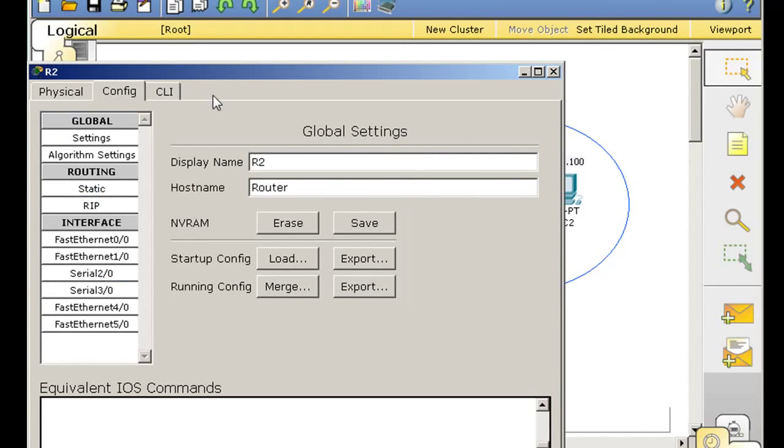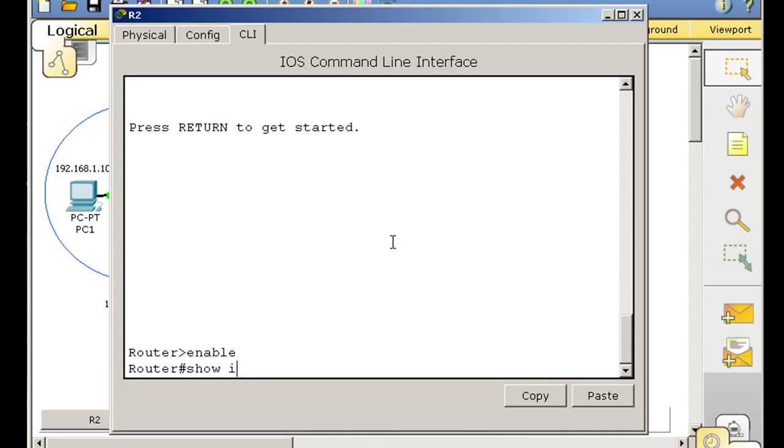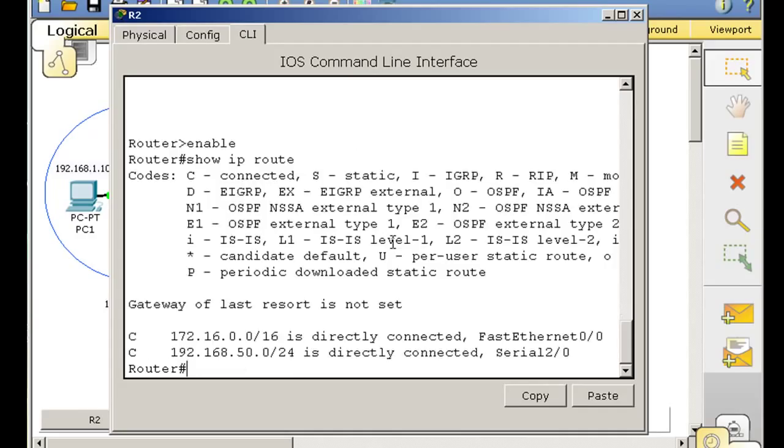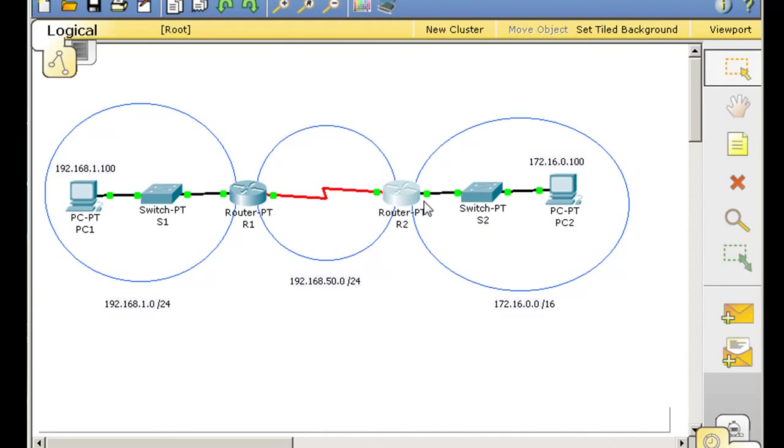And this router, if we go to command line interface, type enable, also has two connected routes on its routing table, right? The two connected routes are the routes that are connected on its interfaces.